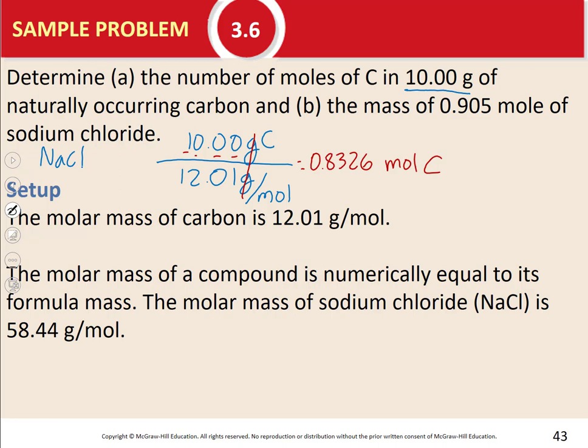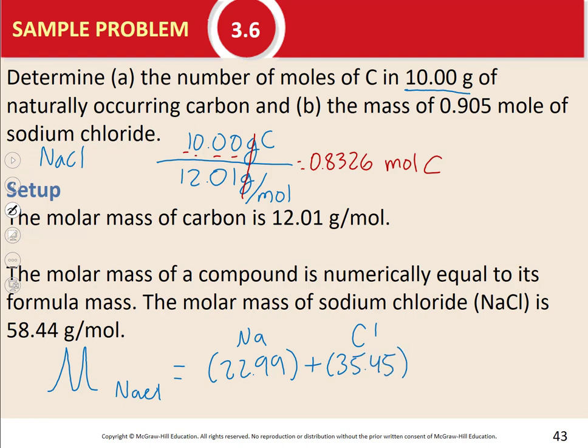In this case, I have both sodium and chlorine. So I look up sodium, 22.99, to find the molar mass of sodium chloride. Sodium is 22.99 plus chlorine is 35.45.